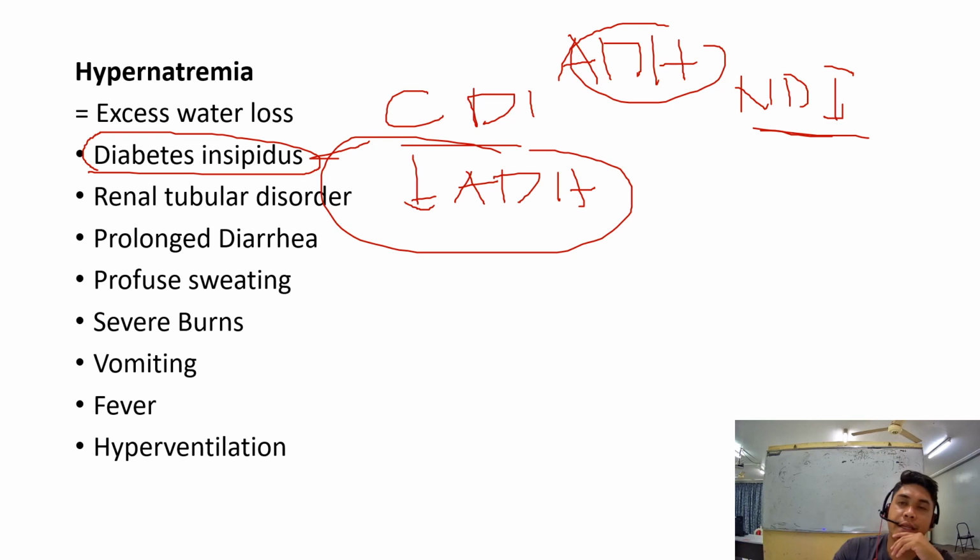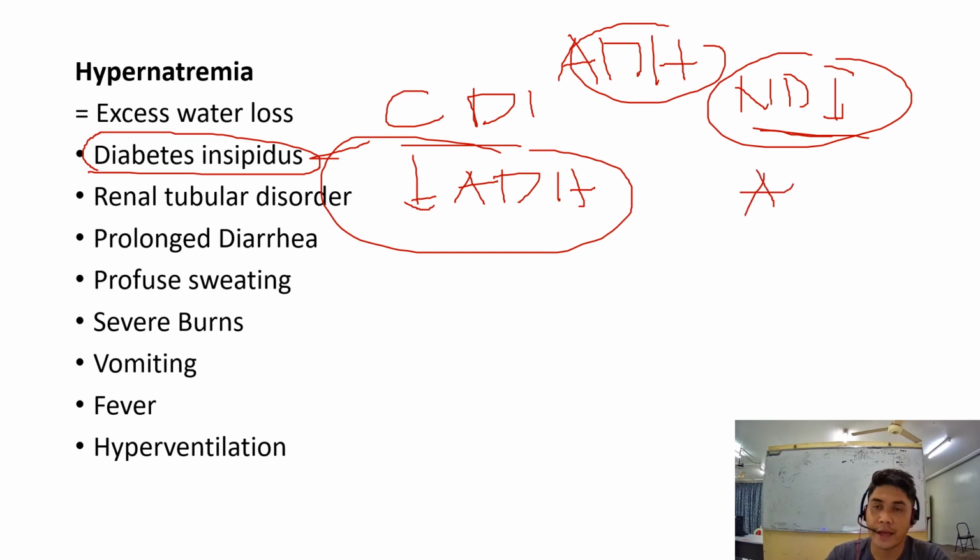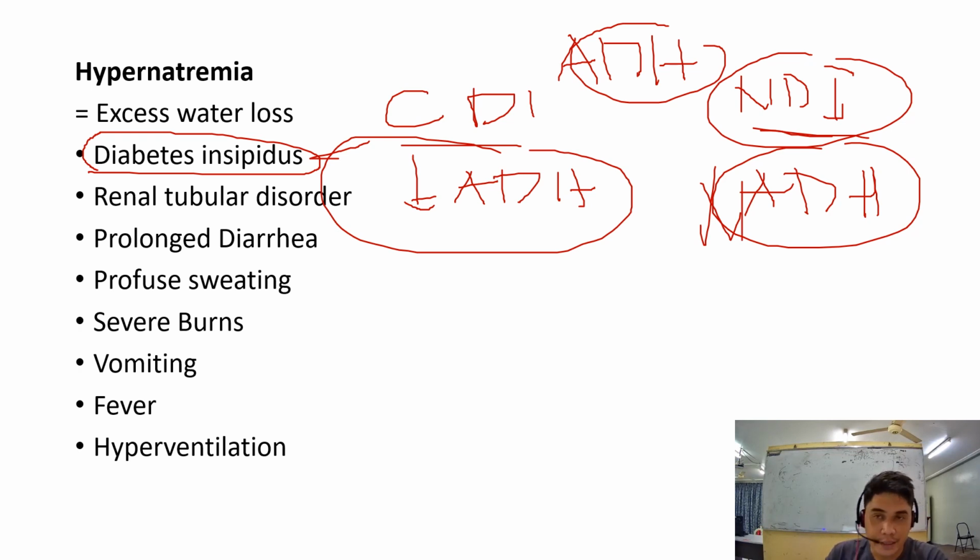For nephrogenic diabetes insipidus, the body is able to produce normal amounts of ADH. The problem is that the receptors for ADH are resistant, meaning there's no reaction between ADH and the receptor.